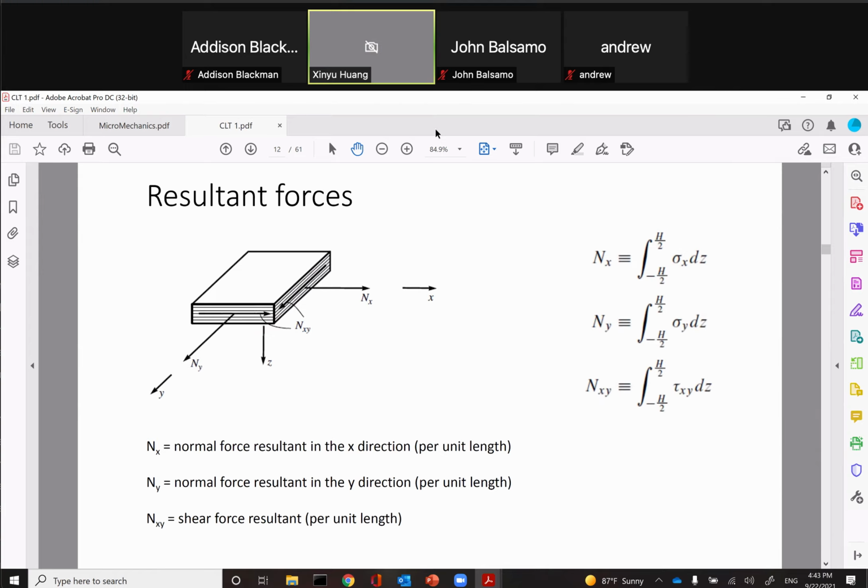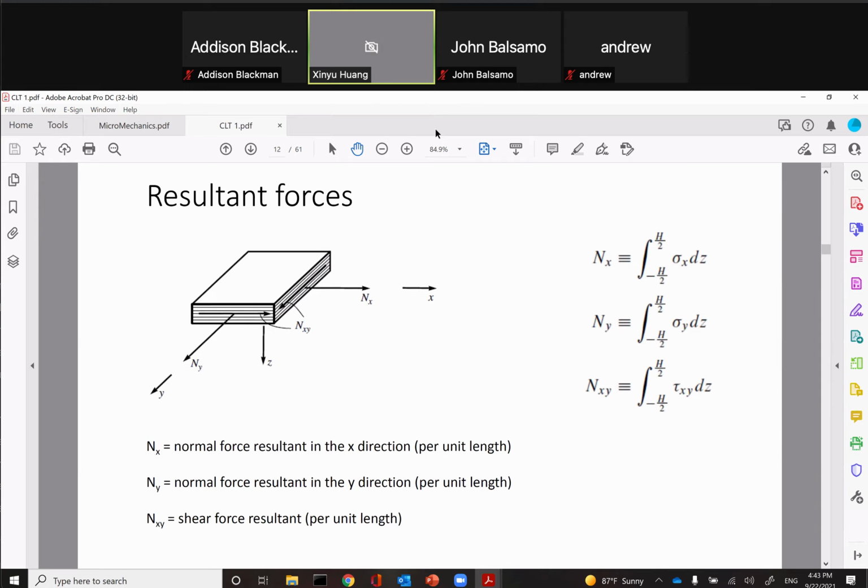All right. Why do we need this? If you have a load applied in this direction, this total effect balances the load. For equilibrium, that usually requires your resultant force to match whatever your applied load is. This is what satisfies the equilibrium.